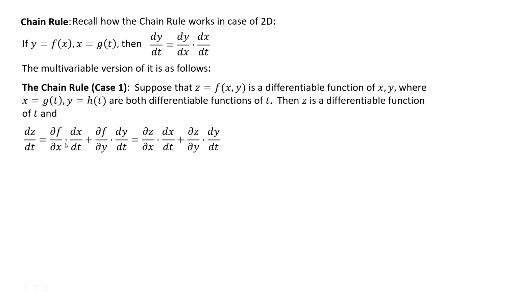However, because f is a function of both x and y, we have to look at the contribution of the y component. So we have plus partial f with respect to y times dy/dt. Because z equals f, instead of f, we can simply say z: partial z with respect to x times dx/dt plus partial z with respect to y times dy/dt.